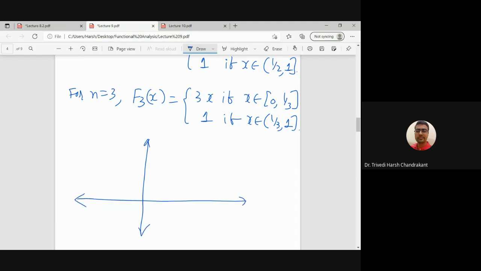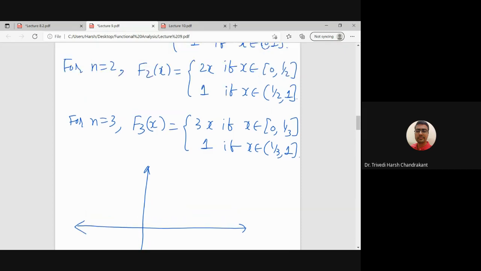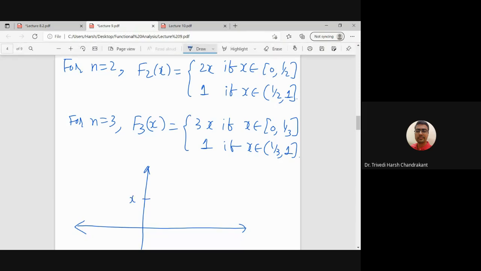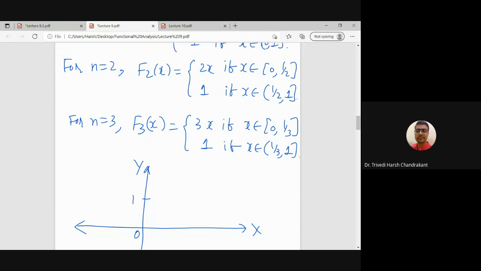So to draw the graph, the value is between 0 to 1, and here also the closed interval 0 to 1 is over which the function is defined. So half will come here, 1 by 3 is somewhere here.